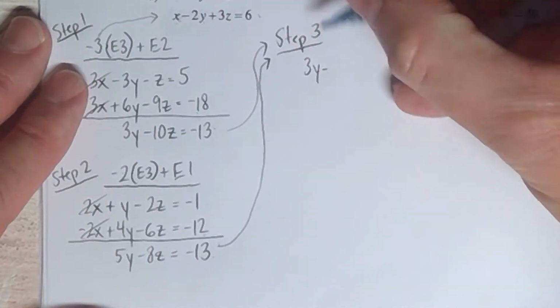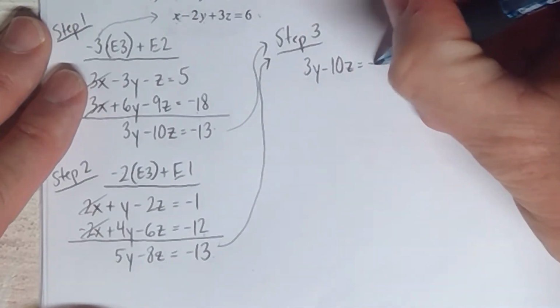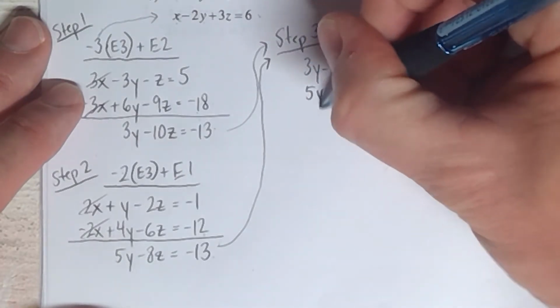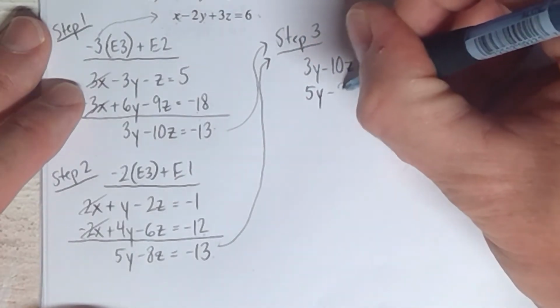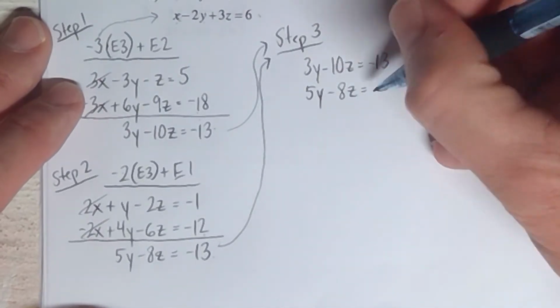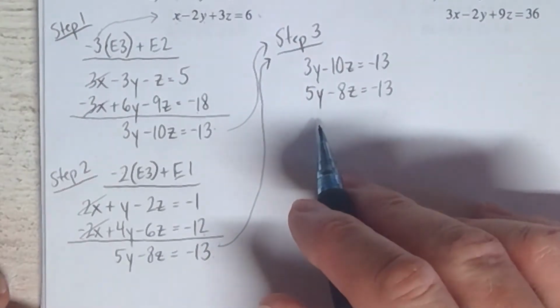I know it's got different variables than it did back in 3.1. In 3.1 we always had x and y, but that's okay. As long as it's the same two variables, it doesn't matter what letters they are. The method still works just the same as it did in 3.1. Okay, so there you go.